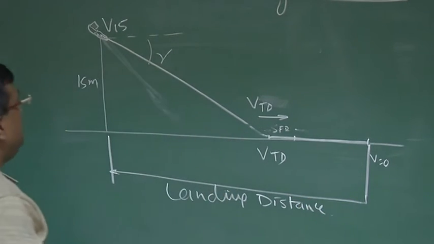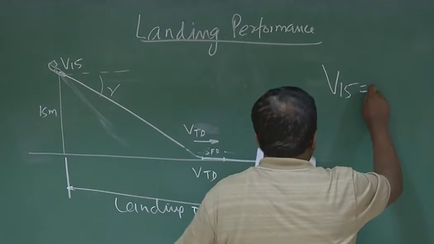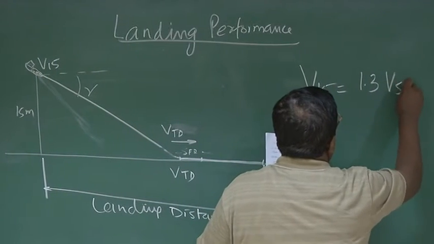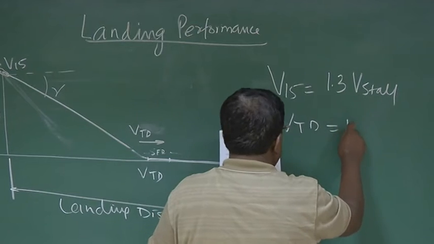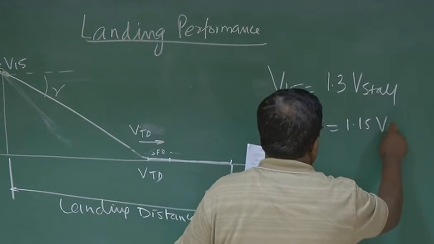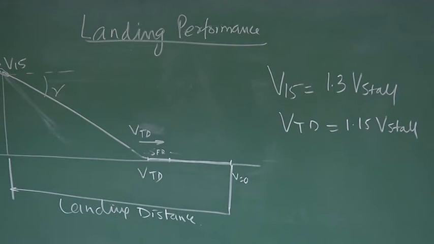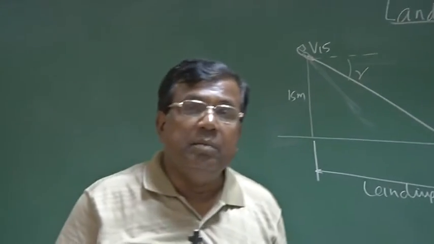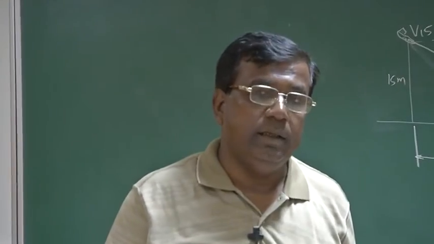Okay? As per the regulations, V15 is taken as 1.3 times V stall and V touchdown as 1.15 V stall. What is this V stall? Remember, V stall is the minimum speed with which I can balance lift equal to weight.